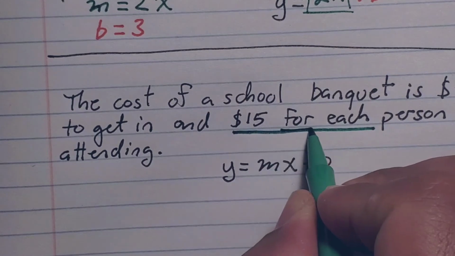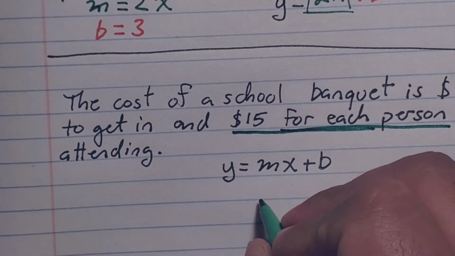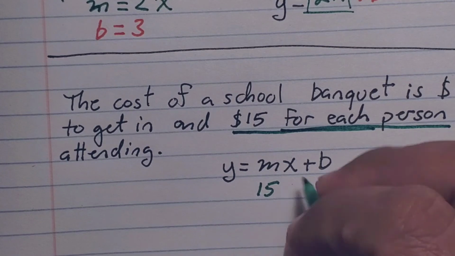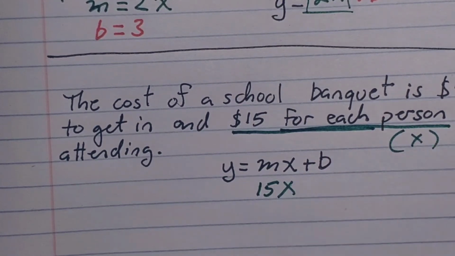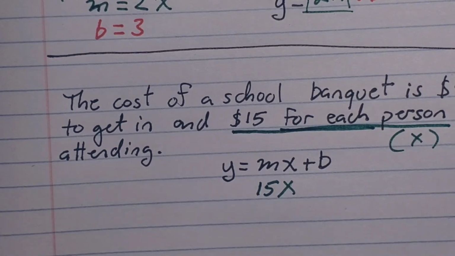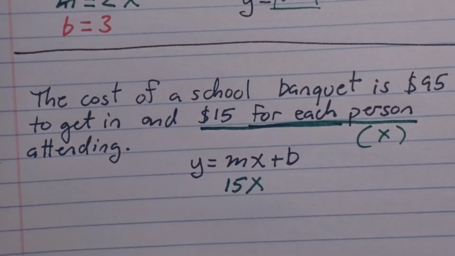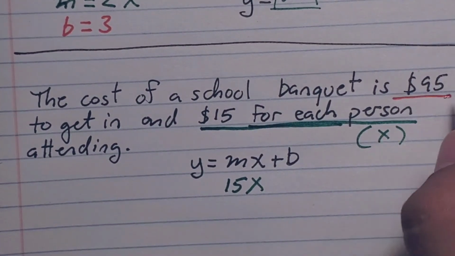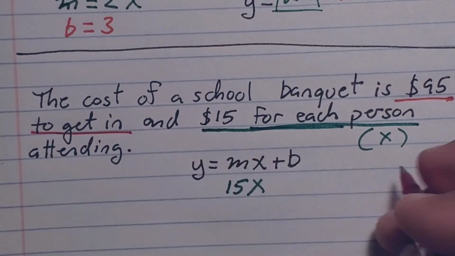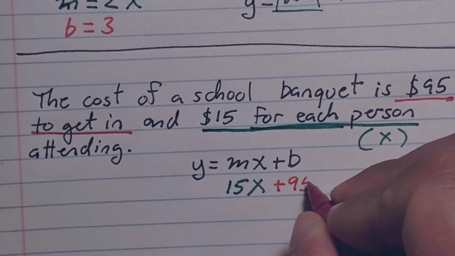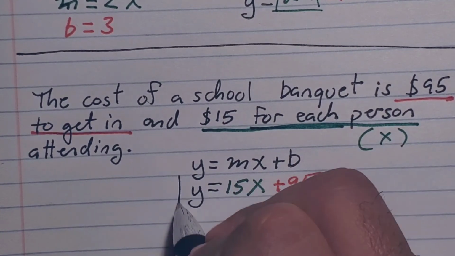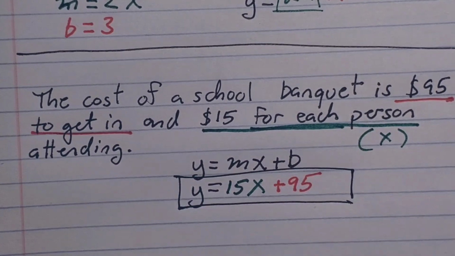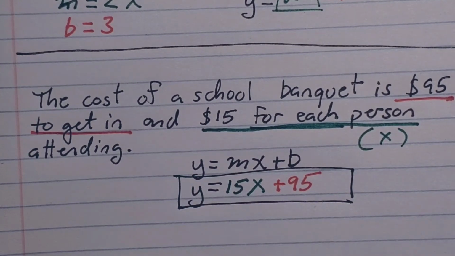So $15 for each person, that would be my $15, and person would be my x. And we can't get in the banquet without first paying $95. So this is my initial fee to get in, or my starting point. So my equation is y equals 15x plus 95.